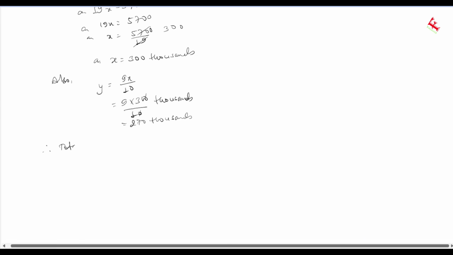Therefore, the total sales is maximum at, well, if it is 30,000, means we'll add three zeros, comma 27,000 means, and the maximum sales as given by, what do we have?